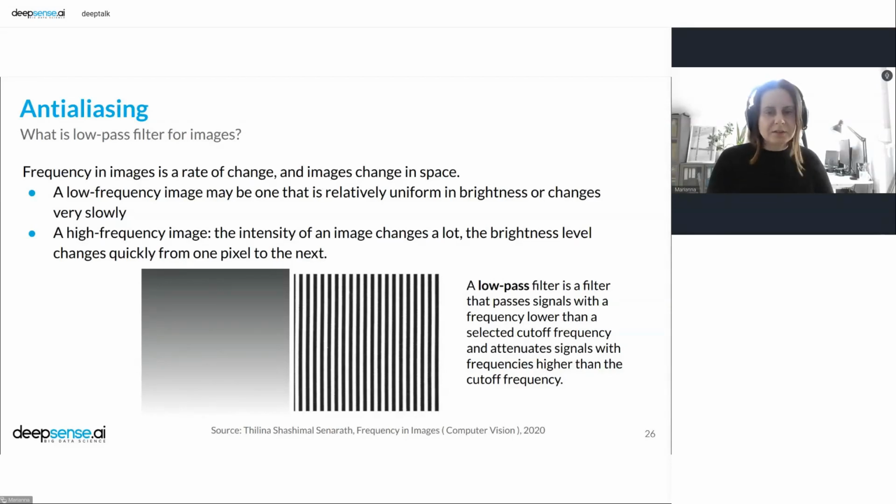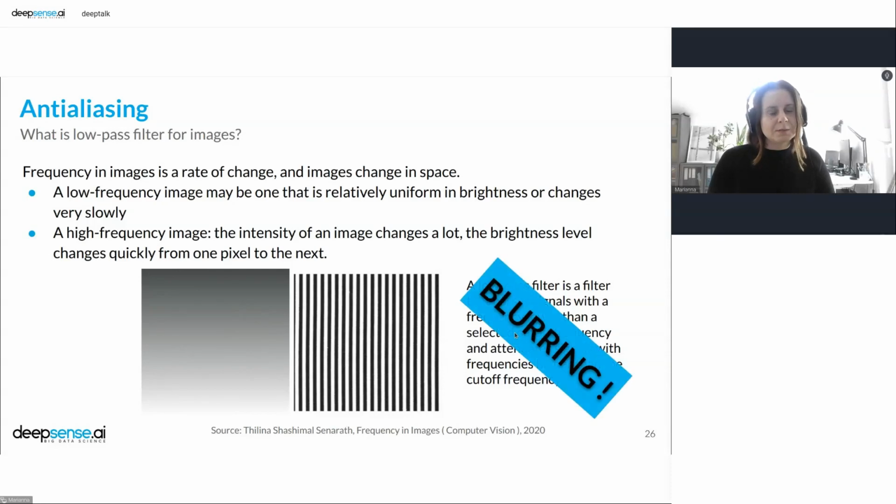A low pass filter is a filter that passes signals with low frequencies and stops signals with high frequencies. So what is this low pass filter that would pass the left image and stop the right image? Well, it's simple blurring.